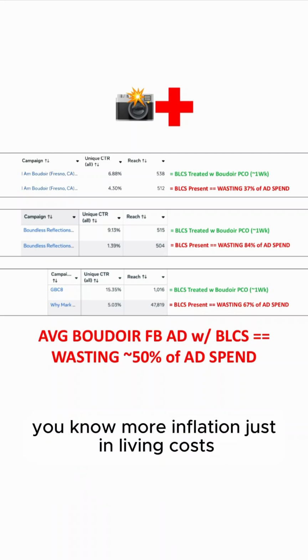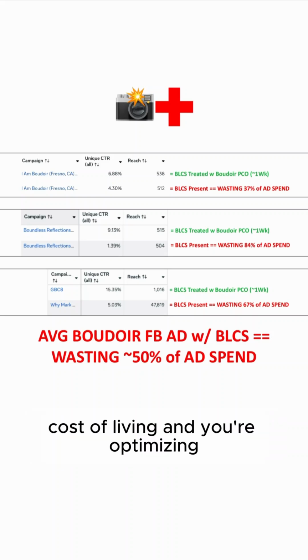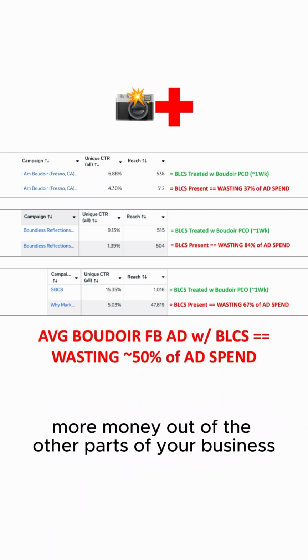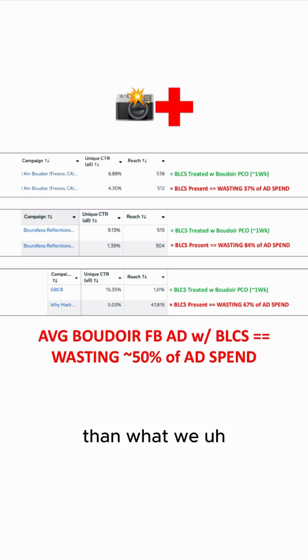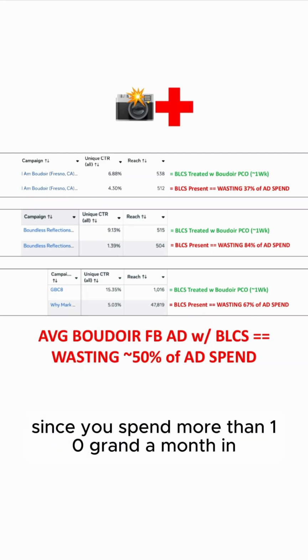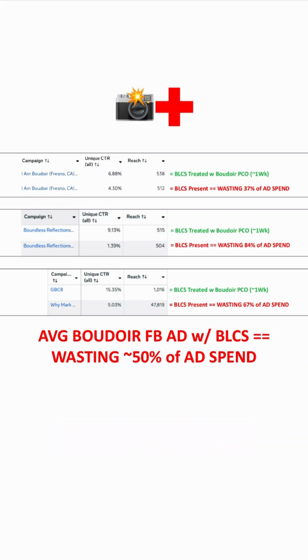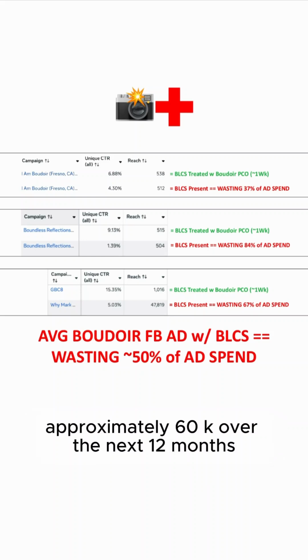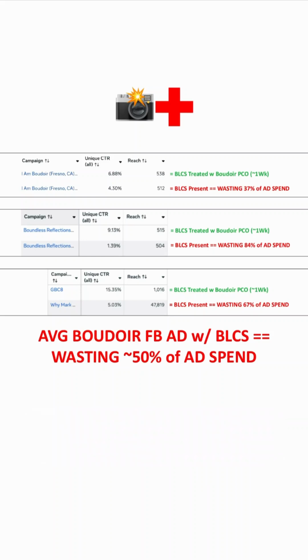You're seeing more inflation in cost of living, and you're pulling more money out of the other parts of your business, and you're seeing that. So you spend more than 10 grand a month on Boudoir Facebook ads. We can eliminate approximately 5K of that per month, put that back in your pocket, you no longer have to spend it. So it'd be approximately 60K over the next 12 months.